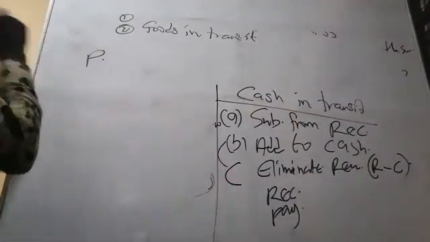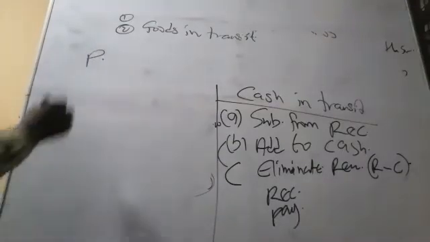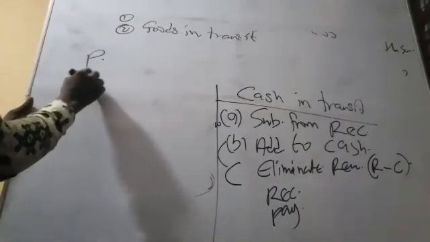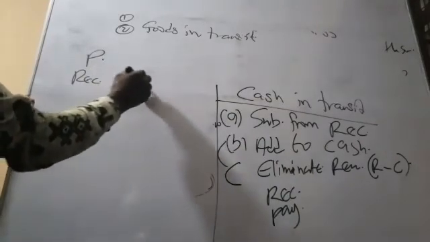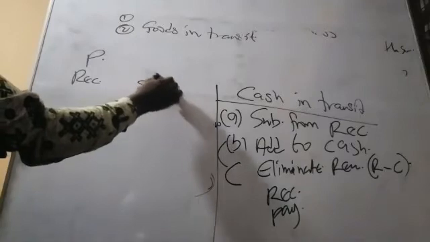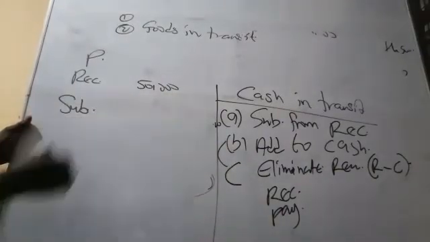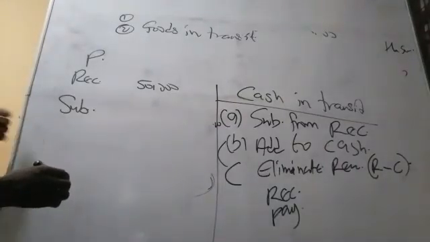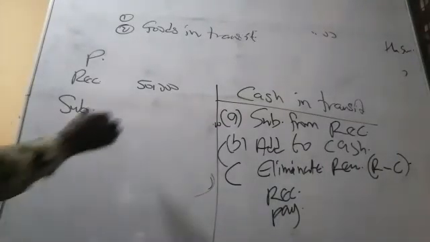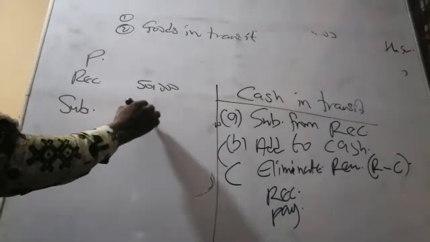The parent is saying that the subsidiary, in fact, you are owing me 50,000. The subsidiary also says, no way, Mr. Parent, I owe you 30,000.